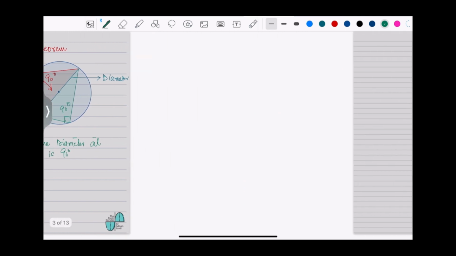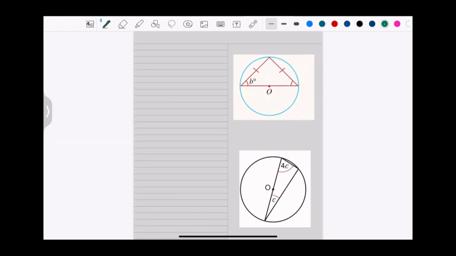Now let's see some examples here. To find B, this is an isosceles triangle, as clearly you can see this line is equal to this line, and so this angle is equal to this, so I can name that angle B as well. But this line is the diameter, and the angle using that diameter at the circumference here is 90 degrees.